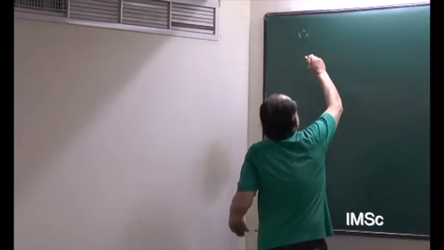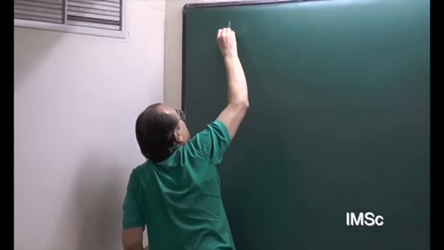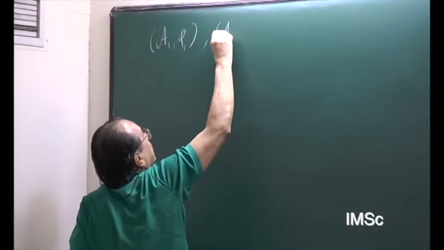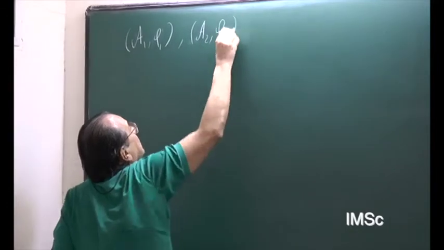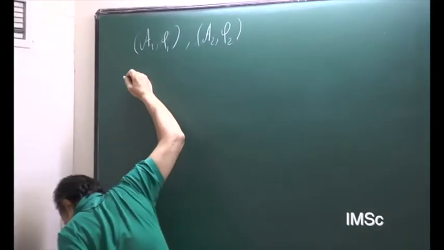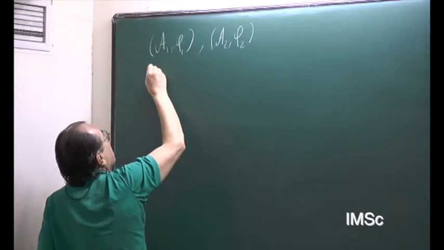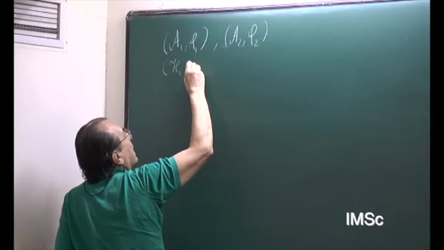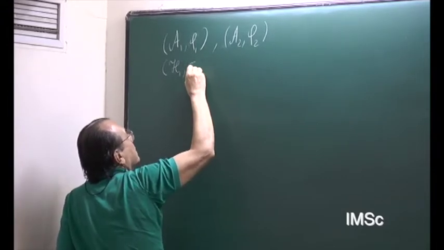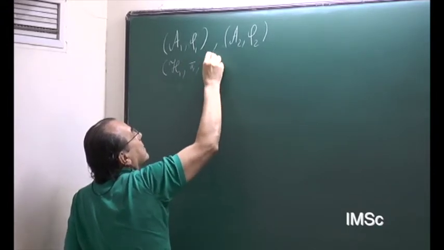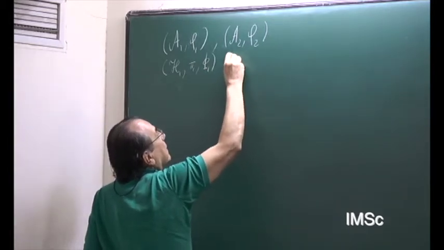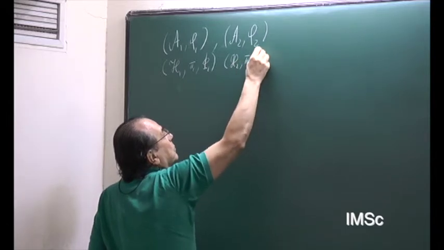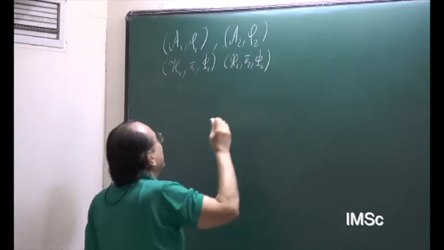So we have algebraic probability spaces A1, Phi1, A2, and Phi2. So we have the corresponding cyclic representations, H1, Pi1, Phi1, and H2, Pi2, Phi2.